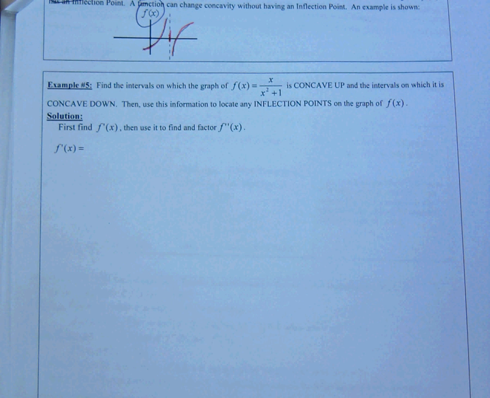Now, when you get f double prime, that's when you want to factor, right? Because that makes it easy to see where f double prime would be 0 or undefined. So think about it. Don't just memorize what I'm saying. Think about what you're doing and what you want to do with what's in front of you.